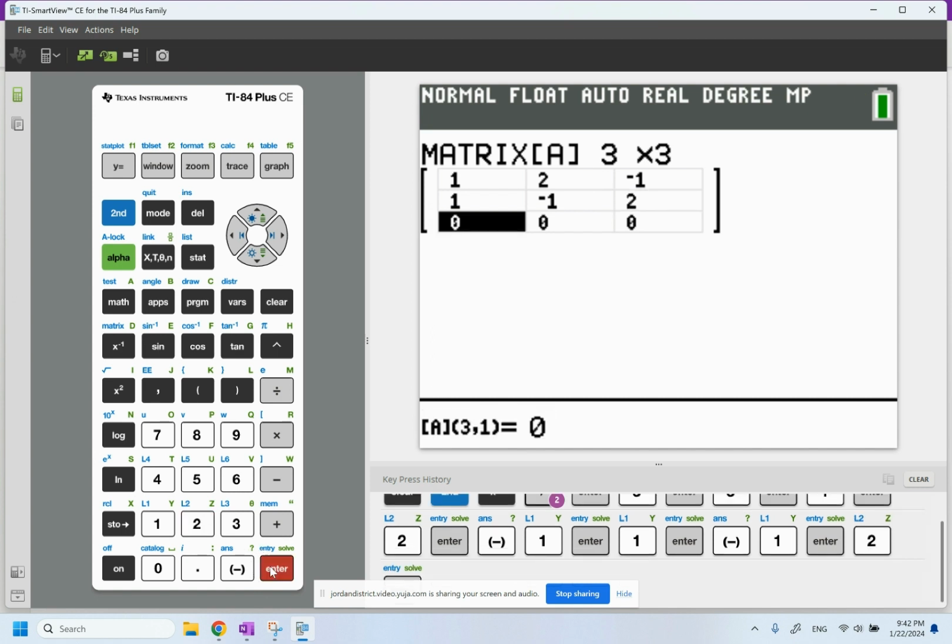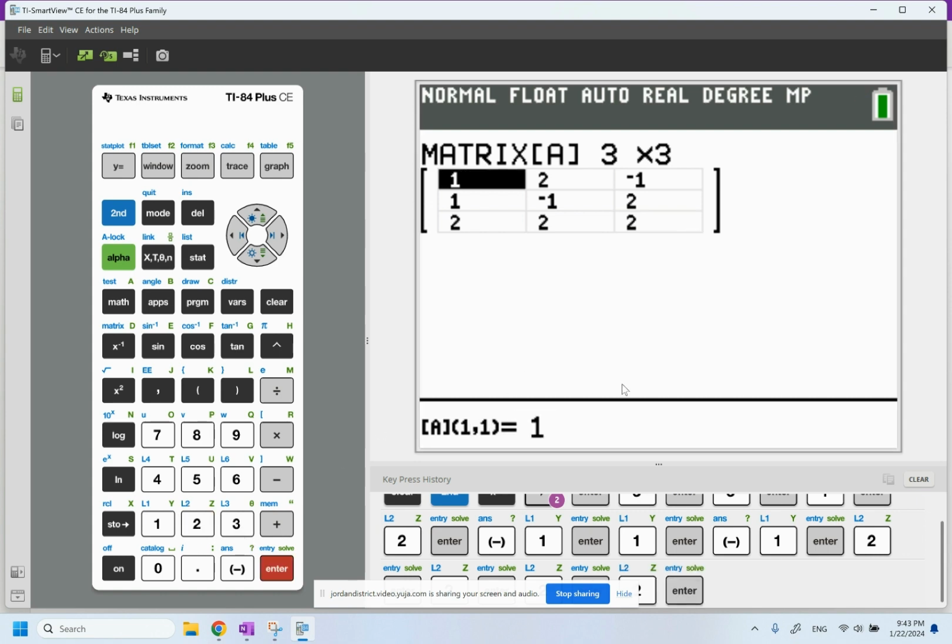That's the second row. Now the third row is all 2, so it's 2, enter, 2, enter, 2, enter. And then we're good. To exit out of here, I'm going to hit the quit menu, which is second and then the mode button. And A is just what that is. That's 3 by 3.